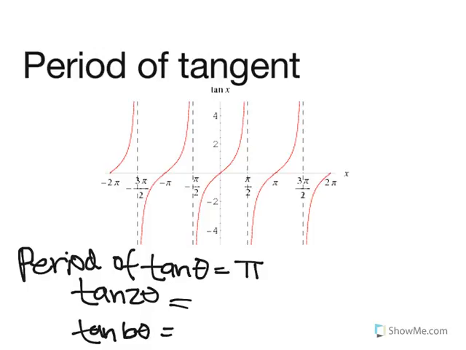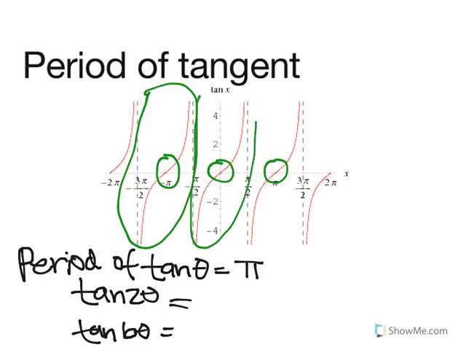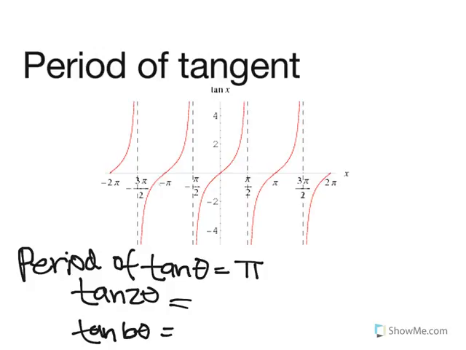As you can see, this function repeats itself over and over and over again. Right here on this particular function of tangent, the period is pi, because that's how long it takes for it to repeat itself again.